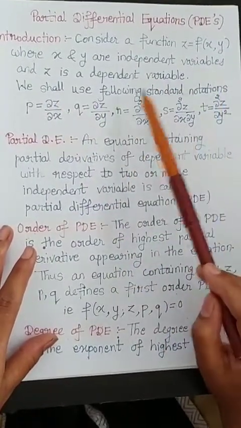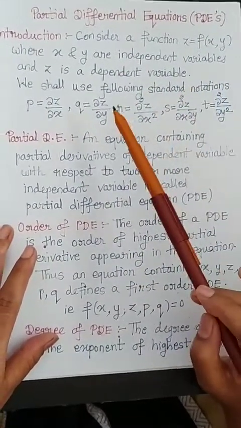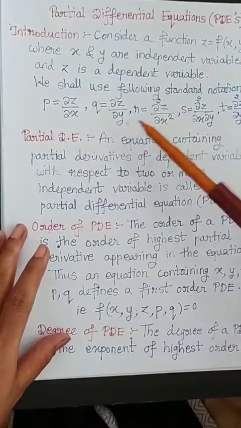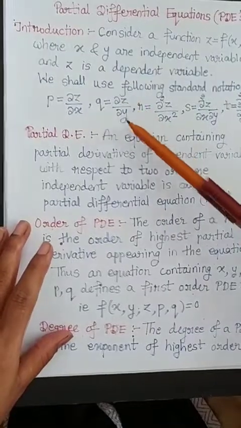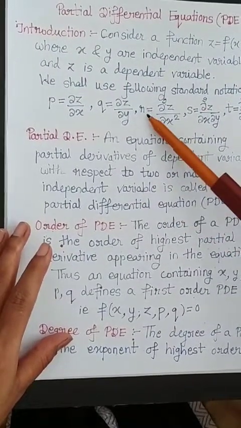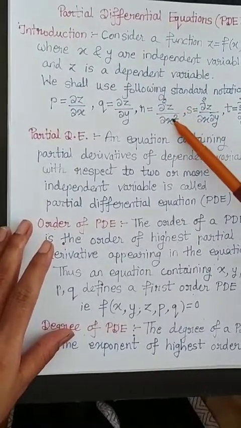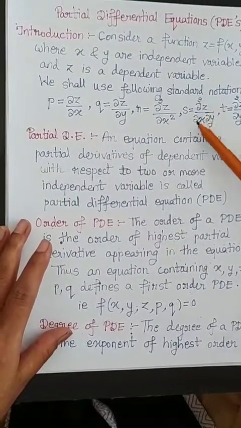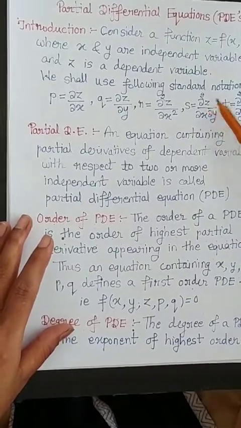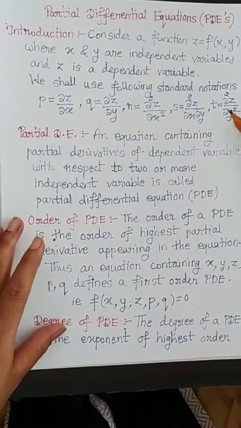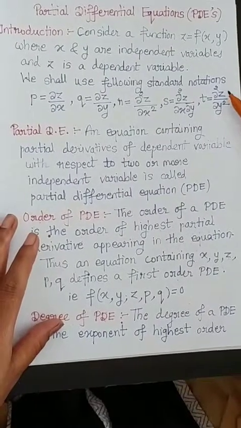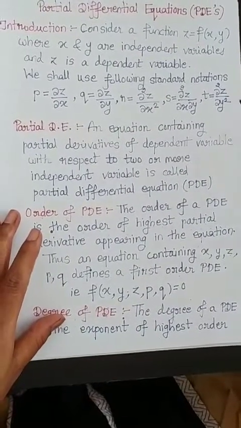We shall use the following standard notation throughout the unit: p is the first derivative with respect to x, q is the first derivative with respect to y, r is the second derivative with respect to x, s is the mixed derivative of order 2 with respect to x and y, and t is del 2z by del y square, that is, the second order derivative with respect to y.